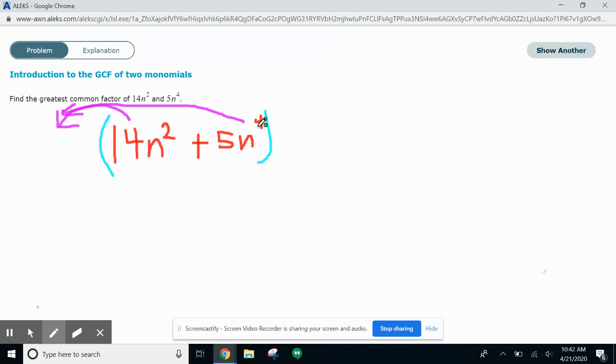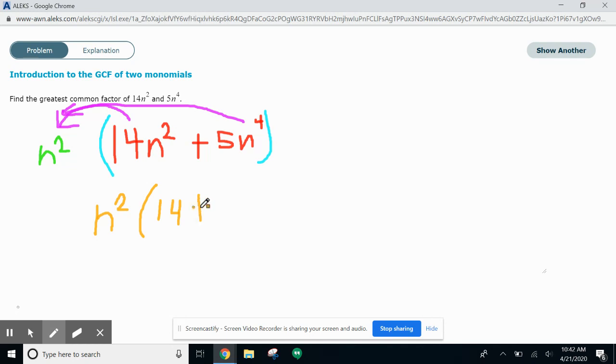But n squared and n to the fourth: that's 2 n's here, n times n, and 4 n's over here. So I can take 2 n's out of the first term, and I can take 2 n's out of the last term. I can't take 3 because this one only has 2. This one has more than 2, but I have to leave those extra ones alone. Now I can rewrite my answer as n squared, and this first term is just going to be 14 because the n squared is gone.